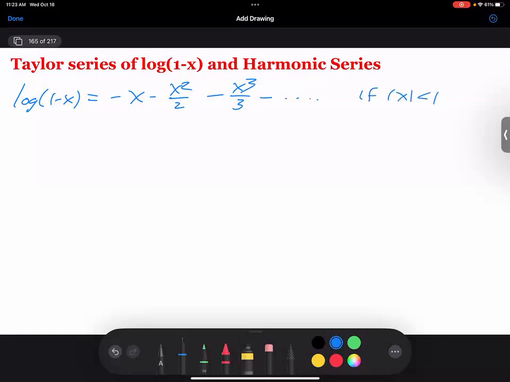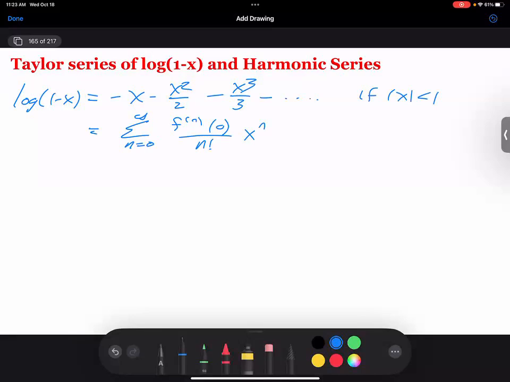So we can find this by just taking derivatives. If you haven't done Taylor series in a while, this is supposed to be the sum, n goes from 0 to infinity, of the nth derivative at 0 over n factorial times x to the n. And the derivatives are not too bad.